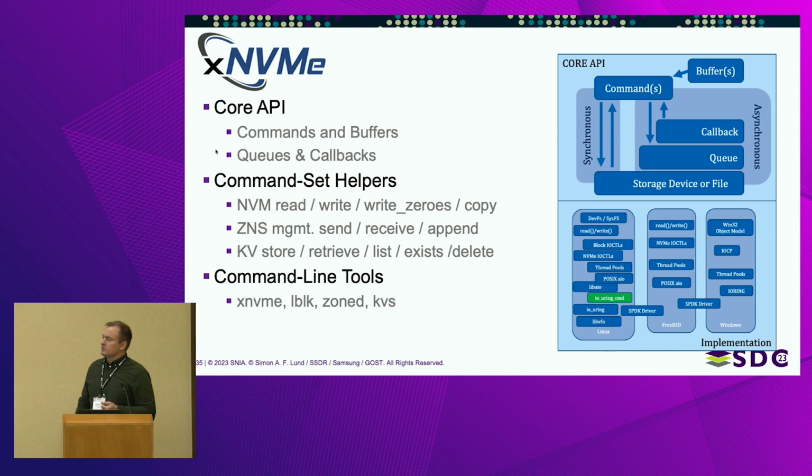And there's also a small suite of command line tools. In this area, it's also worth mentioning that we're trying, in an upstream manner, to collaborate with the NVMe CLI command line tool to see how we could integrate the library behind xNVMe such that NVMe CLI could make use of all of these different ways of talking with storage devices.